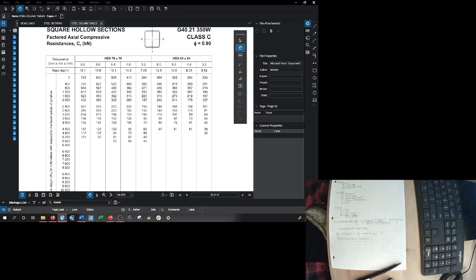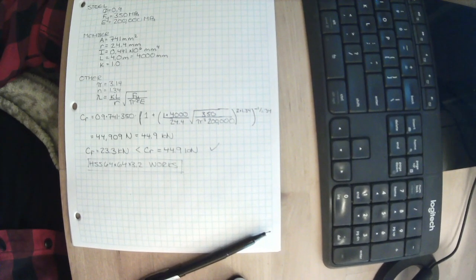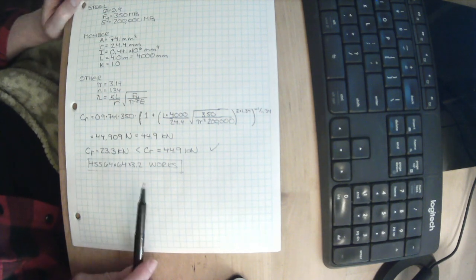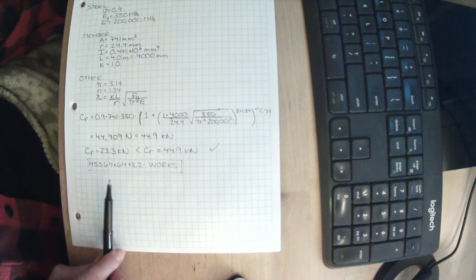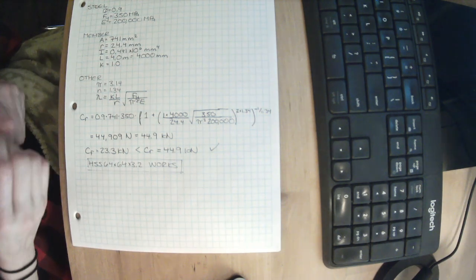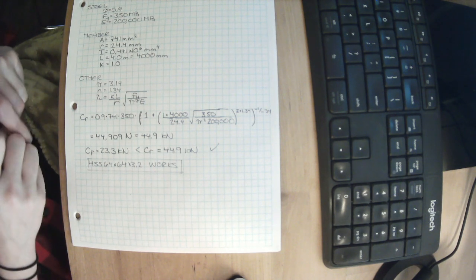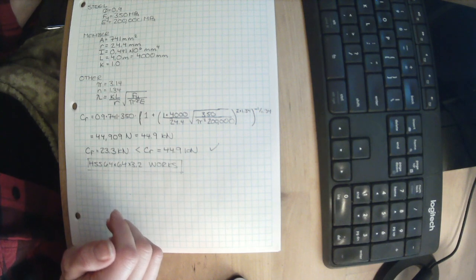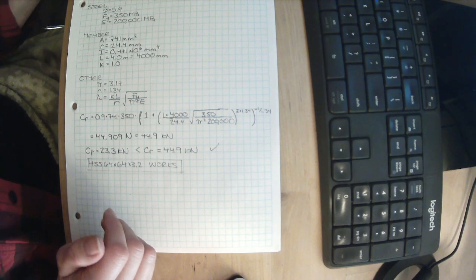Okay, there was a second part to the equation that they asked us to do. I would like to point out that our sizing guideline guessed that we only needed a 203 by 203. In the final design, we have something much smaller that works. That was a very lightly loaded canopy supporting a very small tributary area.